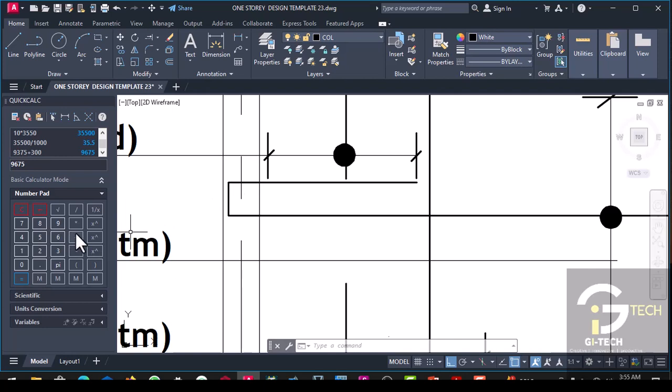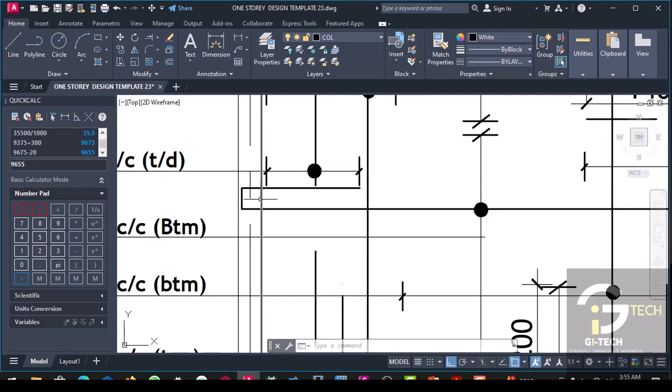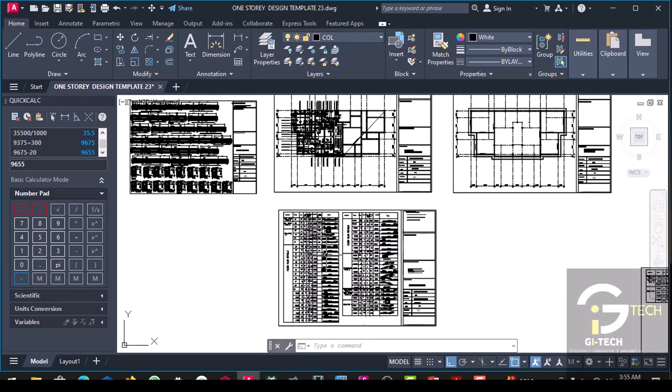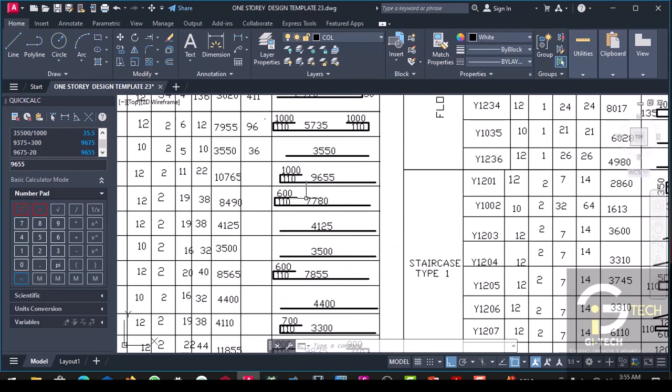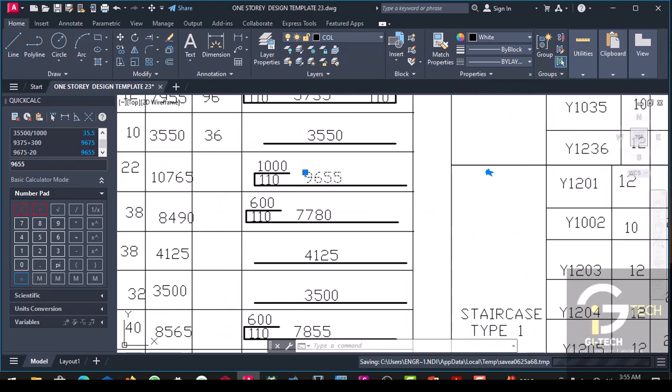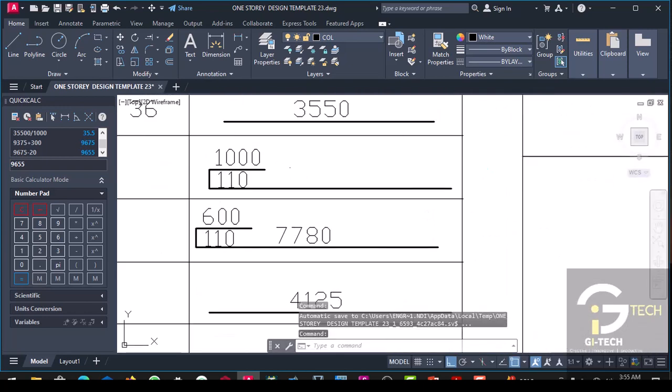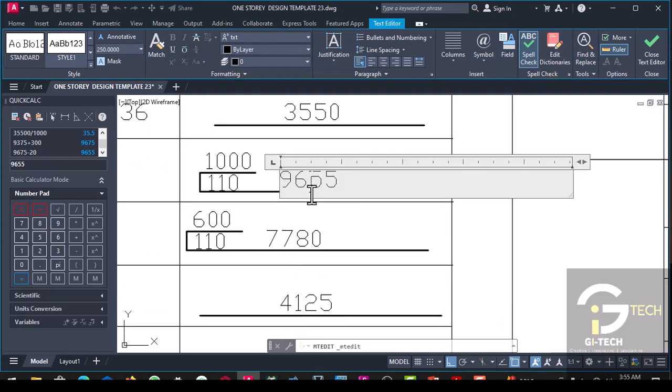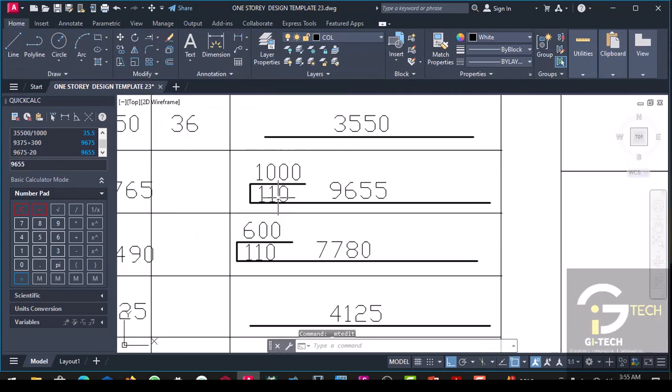So minus 20 cover, this will give us 9655. So we go back to the schedule. 9655, so fine, we have gotten that.